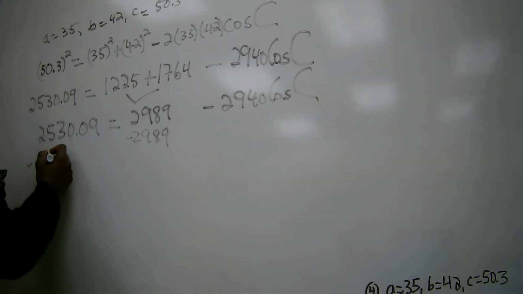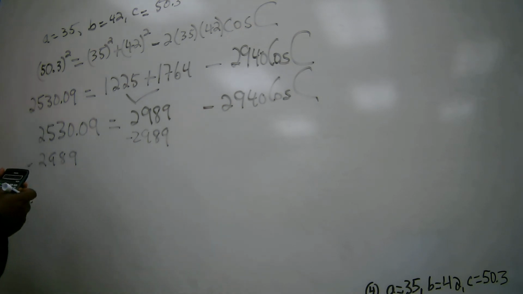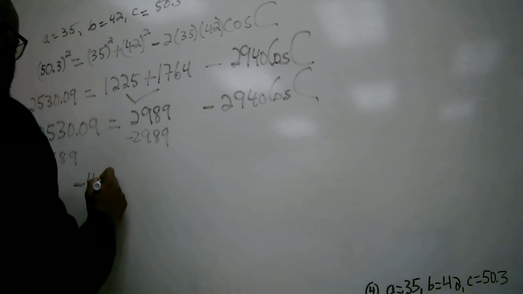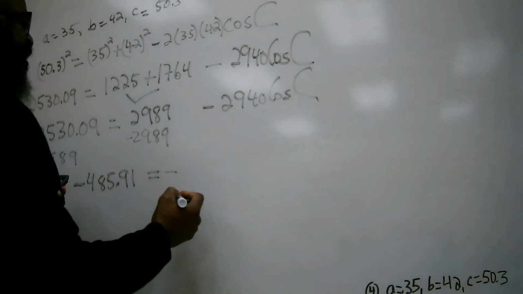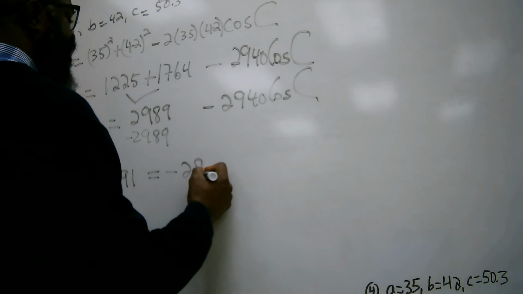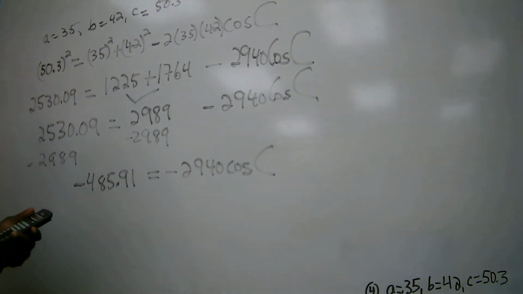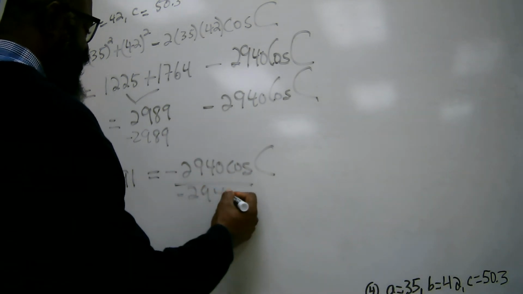That gives me negative 485.91 is equal to negative 2,940 cos C. So I'm going to divide both sides by negative 2,940.